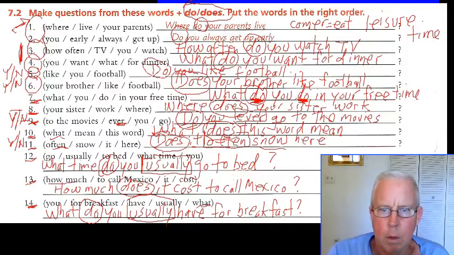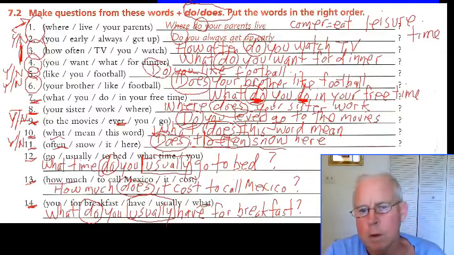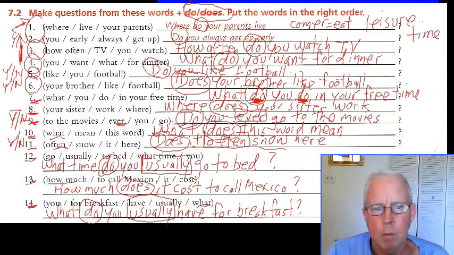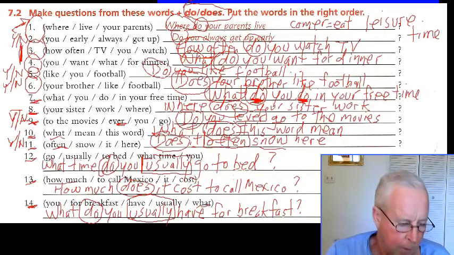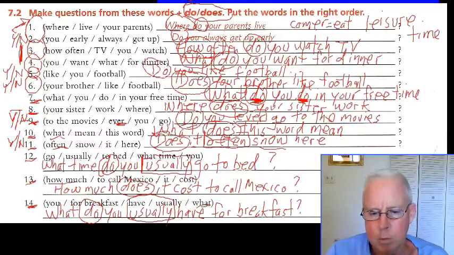And of course number 2 is yes, no. So it's almost half and half. Some of these are WH, some of them are yes, no. And if you look at the WH, you'll remember they all have the WH word at the beginning. And the yes, no, they start with either do or does.